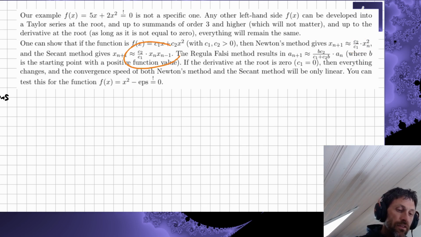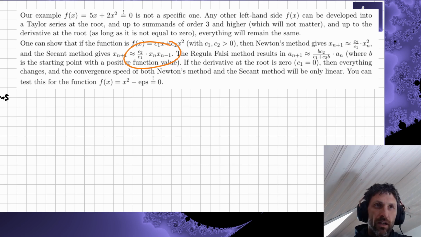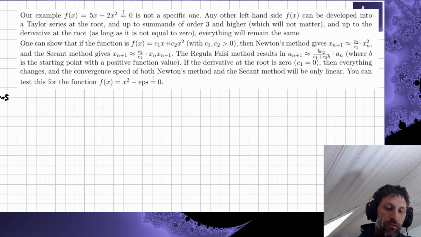For the secant method, it's again c2 divided by c1, to the power of 1.618. And regula falsi is of linear convergence, and the type is b divided by c1 plus c2, where b is the starting point with the positive function value.